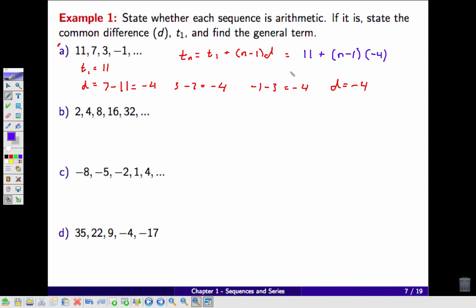So Tn will actually come out to be 11 plus n minus 1 times -4. We can simplify this.